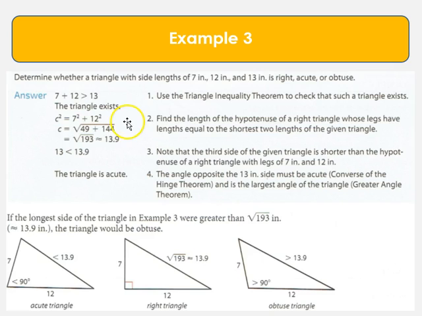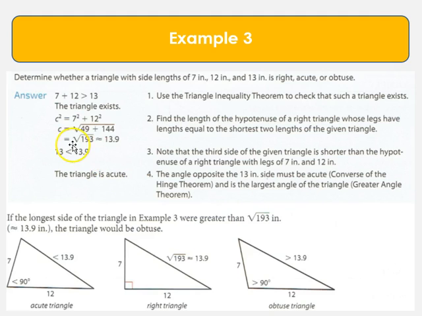Now, let's find the length of the hypotenuse and set it equal to the shorter two lengths. So, c squared equals 7 squared plus 12 squared. And we work this out and we end up with approximately 13.9.